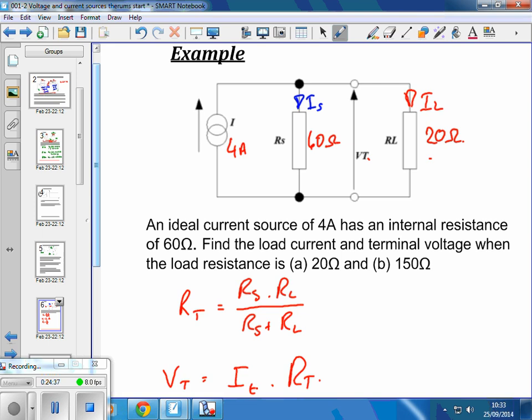So you're going to lose some inside the thing just going round and round, and some of it is going to go through the load. And that will vary dependent upon the value of load you connect. If the load resistance is high, less current's going to go through there, more of it's going to go down the parallel path.